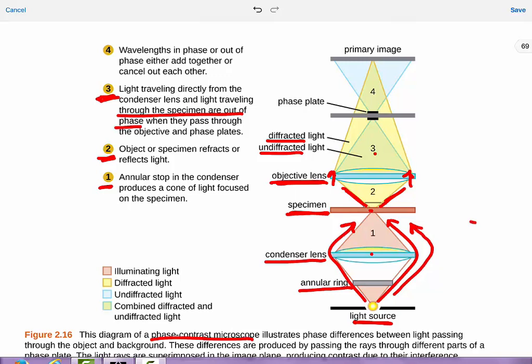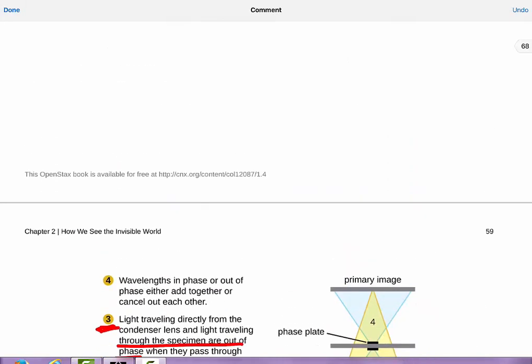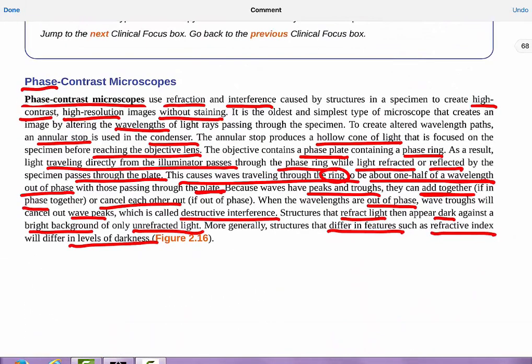Some are going to be moving like this. Let's say they were all moving like this, for example, and then those traveling through the ring are going to be about 1.5 of a wavelength out of phase.